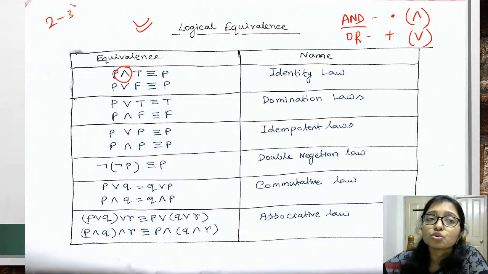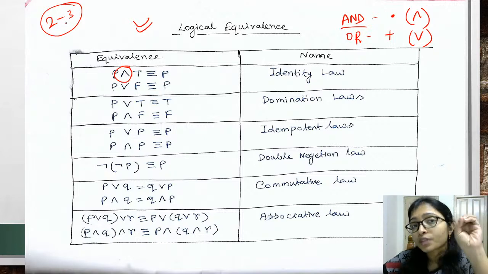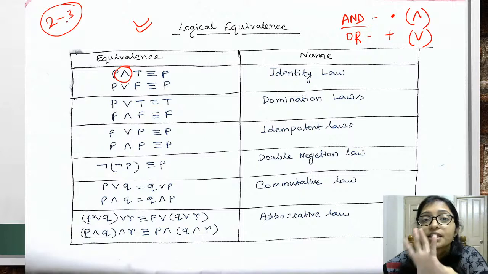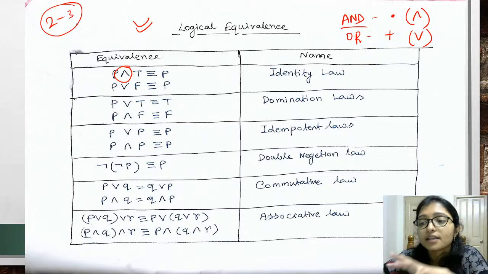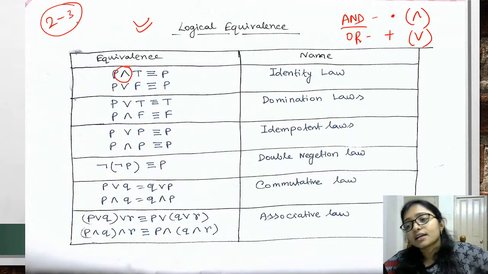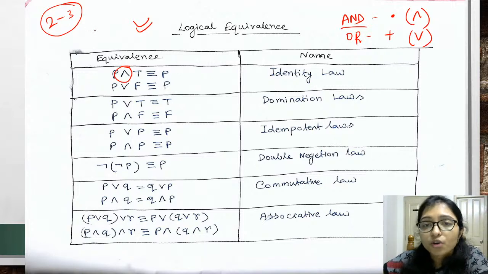There also 2 to 3 questions come, so 5 to 6 questions you will be able to solve if your concept is clear here. How to use the rules, that I am telling. One by one your concept will be clear.